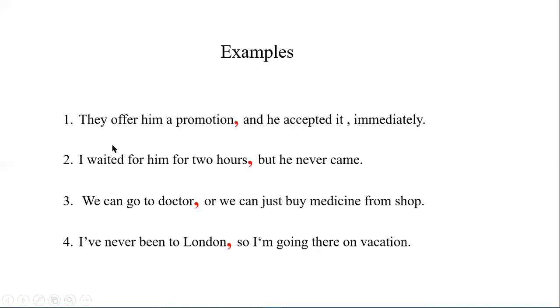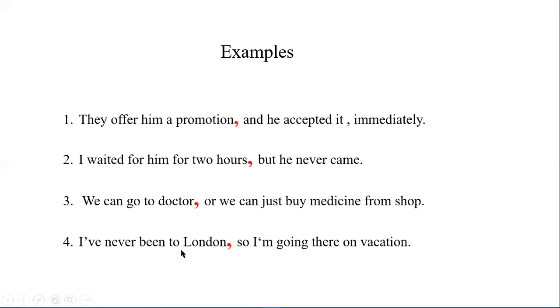Number one, they offered him a promotion and he accepted it immediately. They offered him a promotion, then I put a comma here as this is an independent clause, and I waited for him for 2 hours. I put a comma again as this is an independent clause. And number three, we can go to the doctor. I put a comma here before or, as we can go to the doctor is an independent clause.